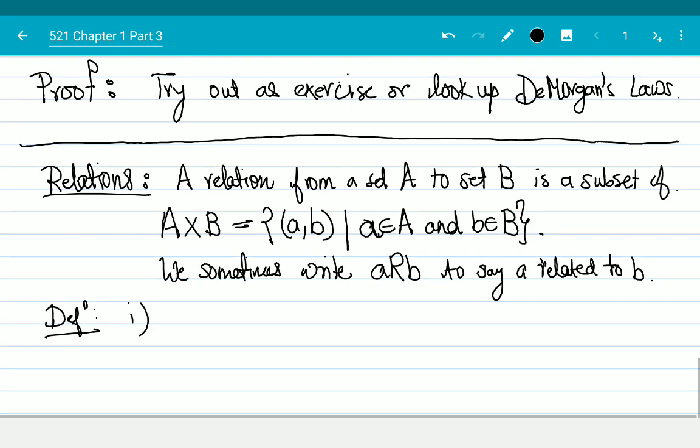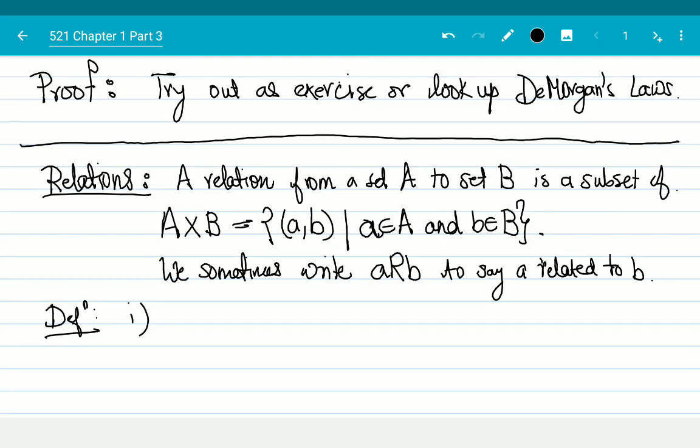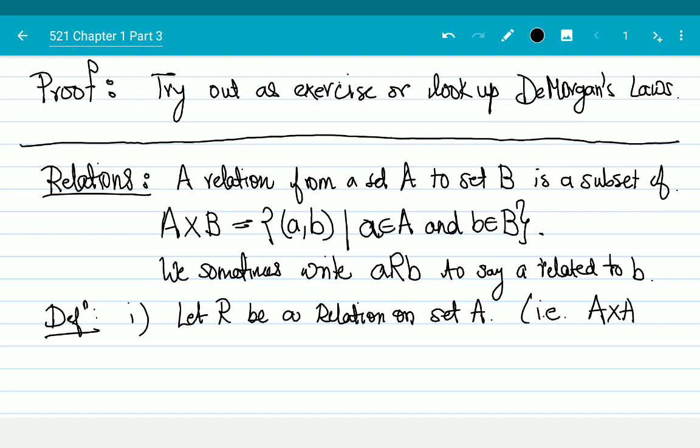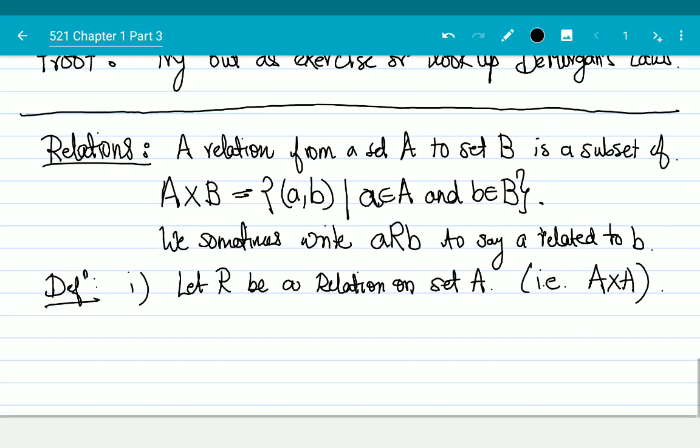So here are some of the common terms of some sets. Let R be a relation on set A, i.e. a subset of A cross A. Okay. A relation on set just A means it is a subset of A cross A.